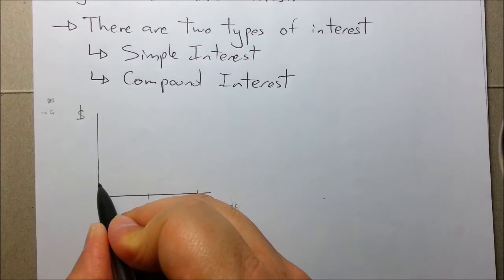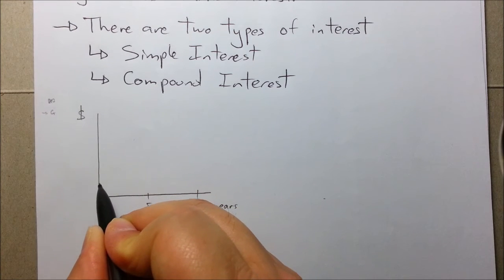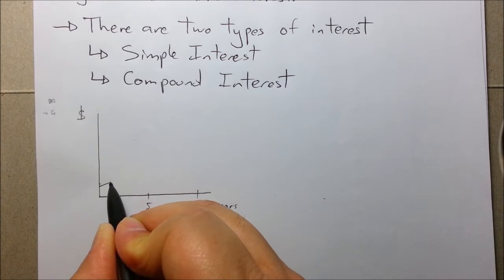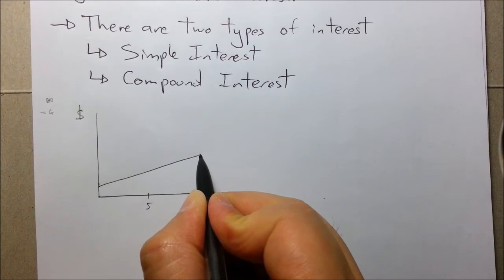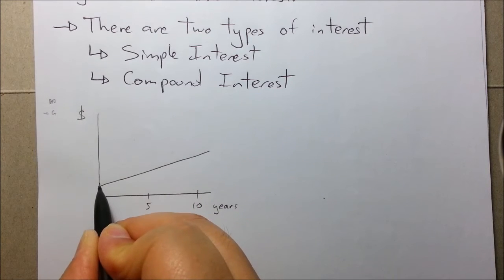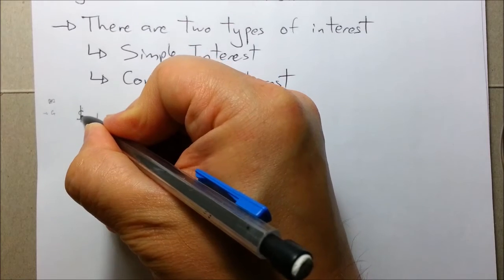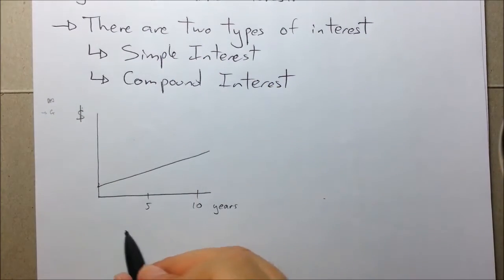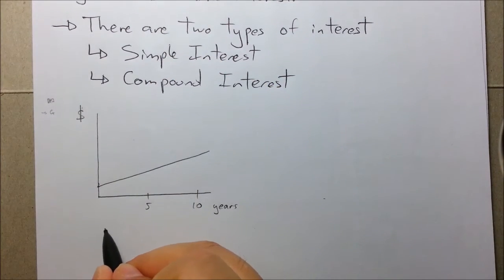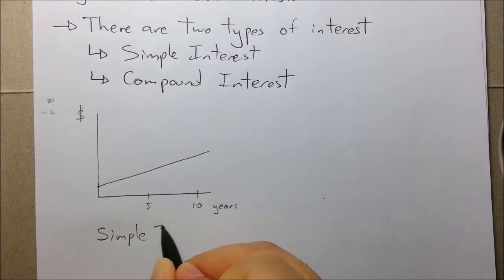Let's say you do an investment, it could be $1,000, $5,000, whatever it is. Over 10 years, your money will grow, whatever you start with here. By the way, this is supposed to be a dollar sign. And so this is a graphical representation of simple interest.